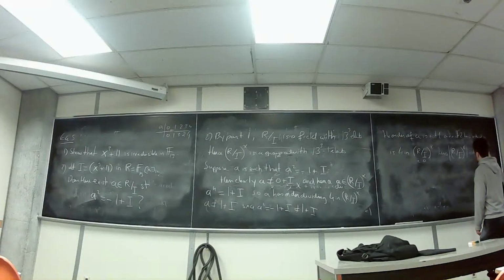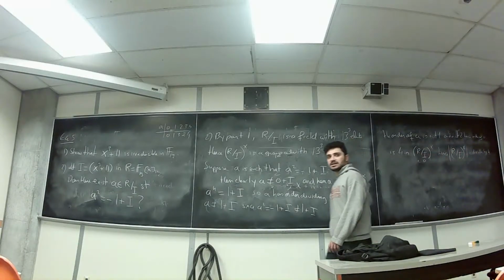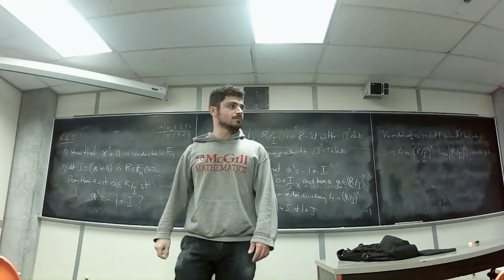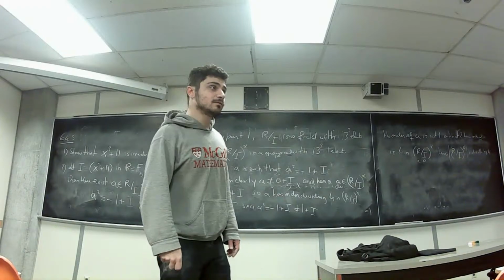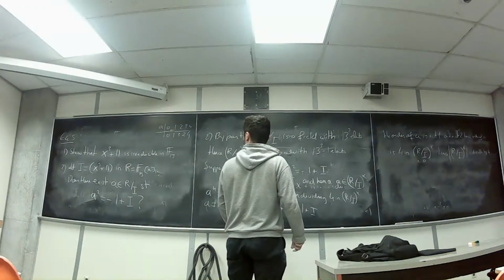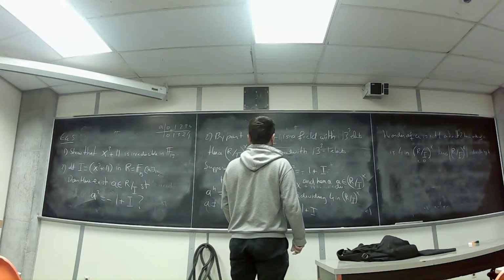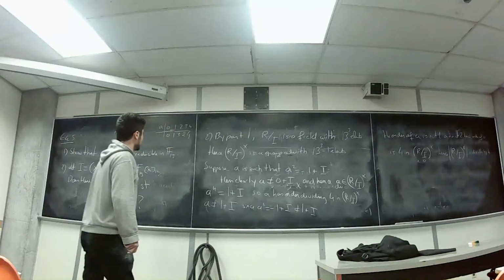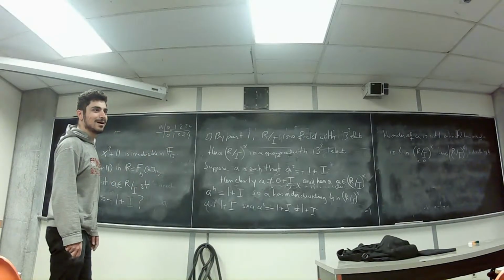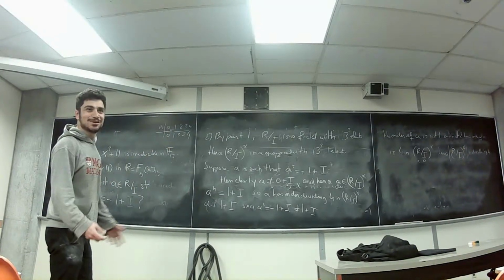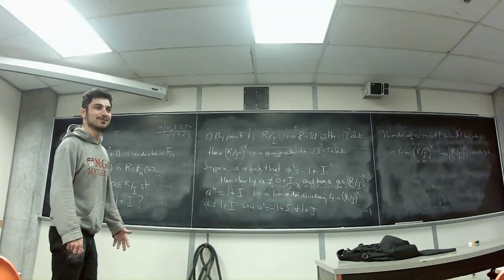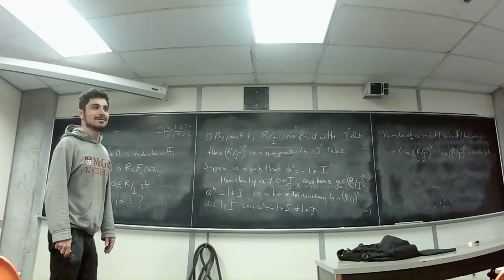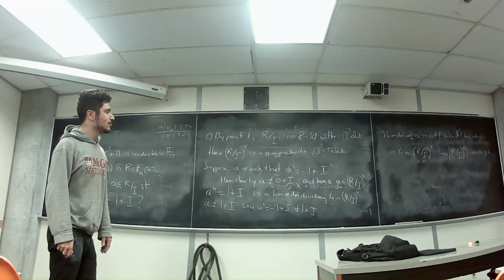Now, what is the cardinality of R mod I star? It's 13 cubed minus 1. Is 13 cubed minus 1 divisible by 4? Wait, is it F11 or F13? Oh shoot, I messed up. You have an element of order 4, because 13 cubed minus 1 is divisible by 4.